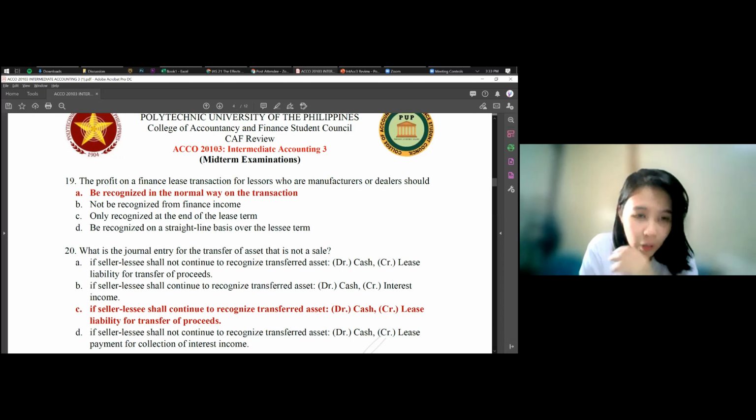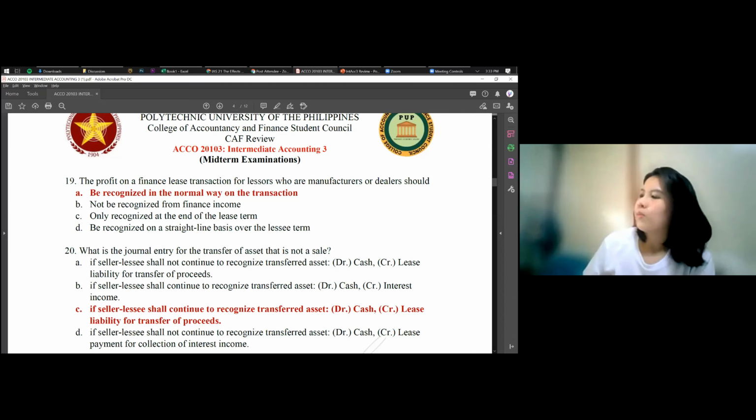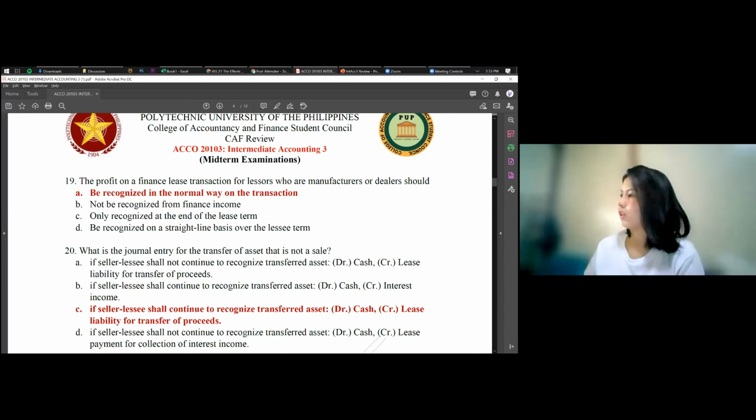So, okay, we're talking about sales and leaseback transactions, di ba? So, sa module, yung makikita nyo sa last page, yung mga criteria on how we can say if it's not actually a sale. Diba? Let's see. Okay.